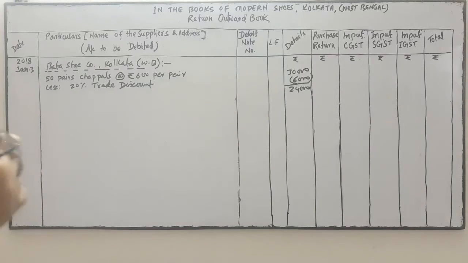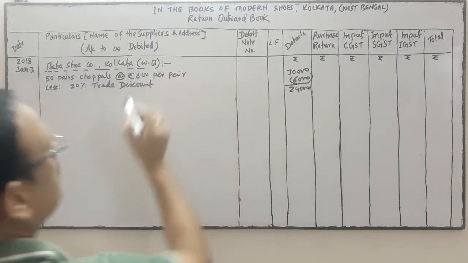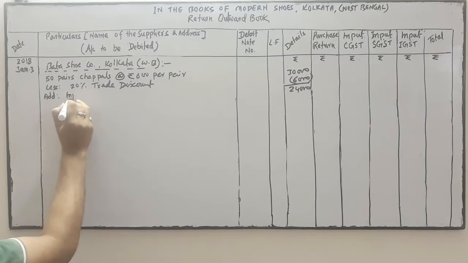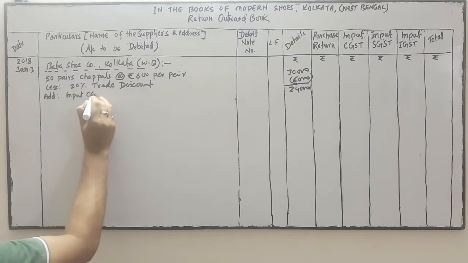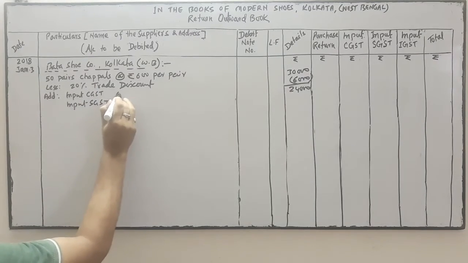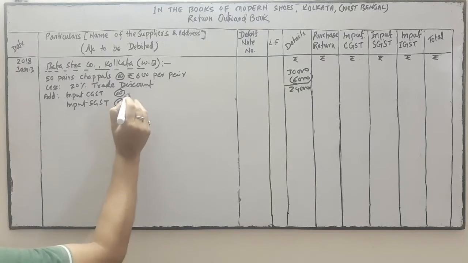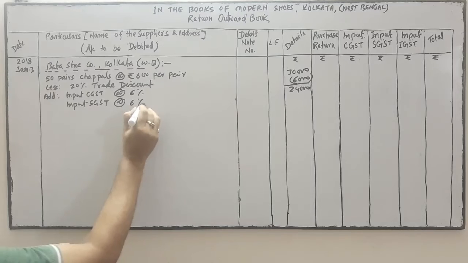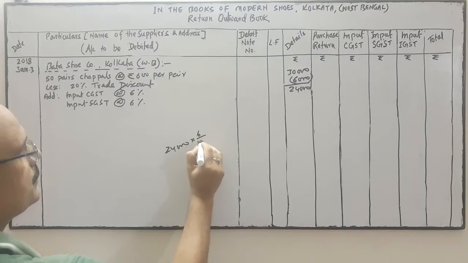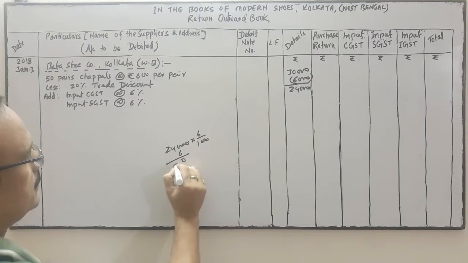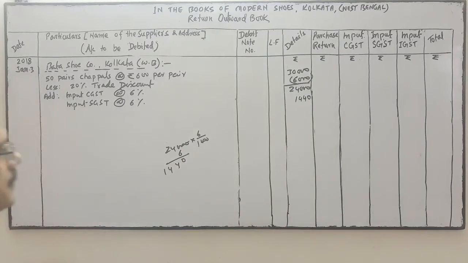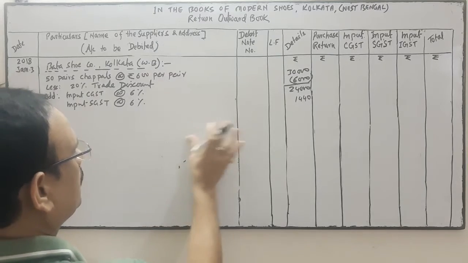As it is Kolkata and Kolkata, within the same state, we will calculate input CGST and input SGST at the rate of 6% and 6%. So 6% of 24,000 is 1,440.